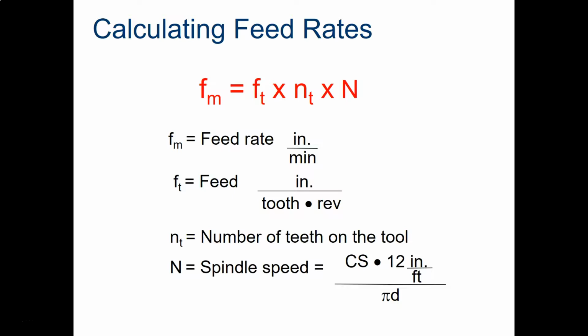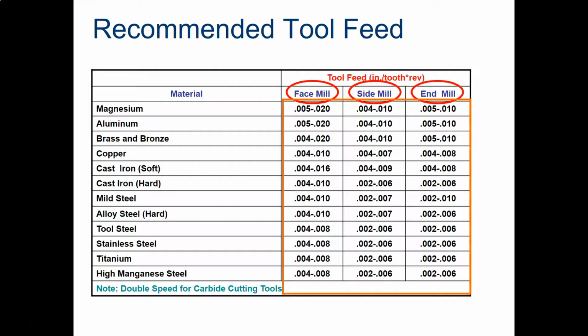Pause the video and take a moment to copy down what you see, the formula, and all of these letters. It's important to note for each of these variables that you're writing down what the units are so that you don't forget that you do need to convert in some cases. Much like with CS or cutting speed, we have a recommended tool feed.